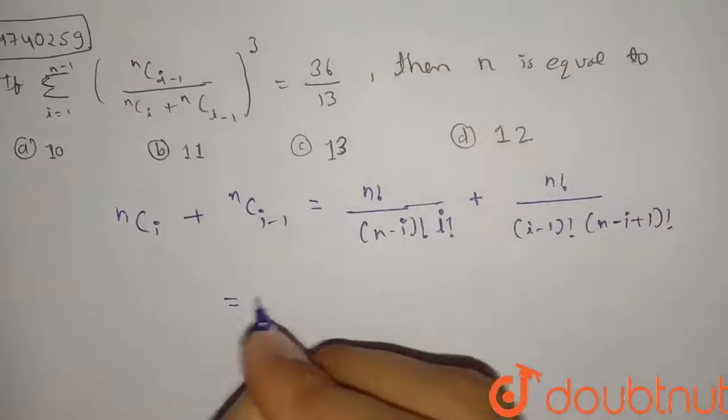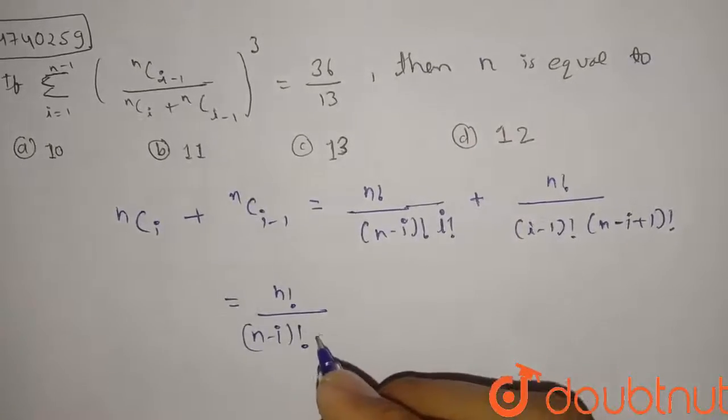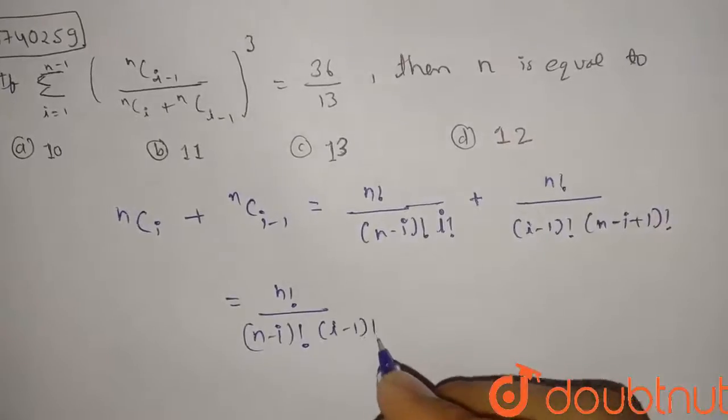So now I am taking common n factorial upon (n minus i) factorial and (i minus 1) factorial.